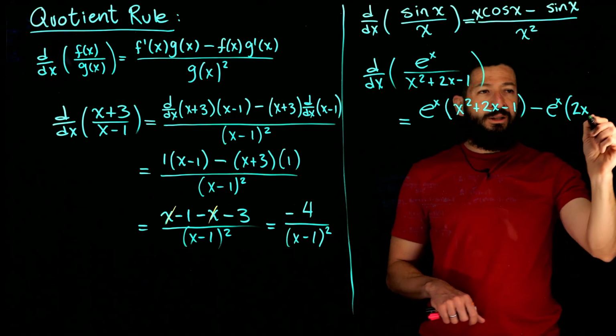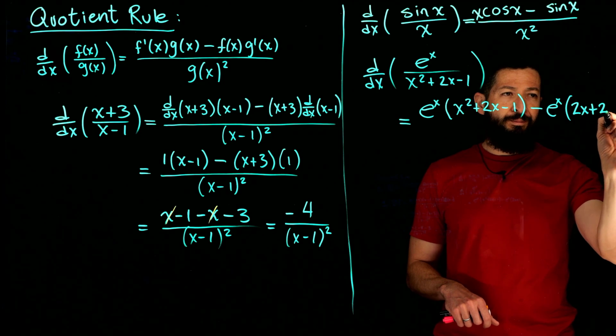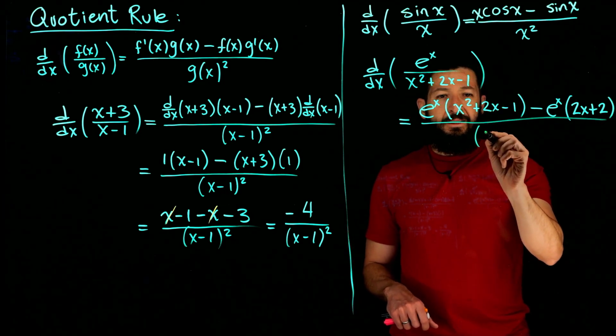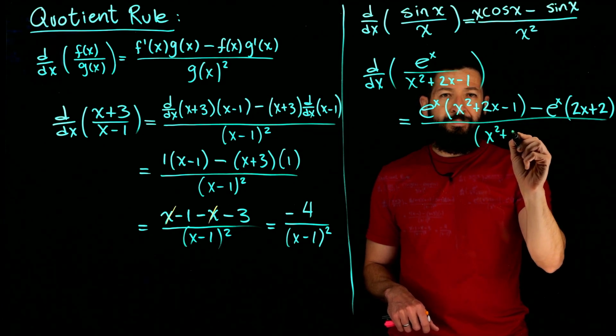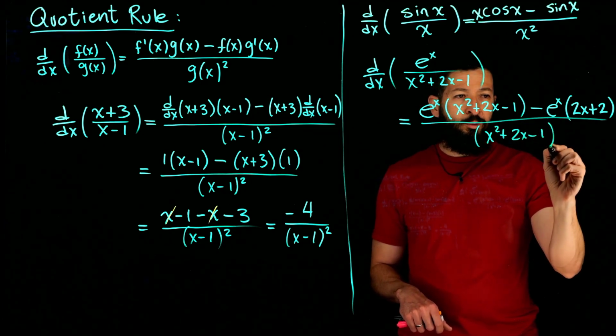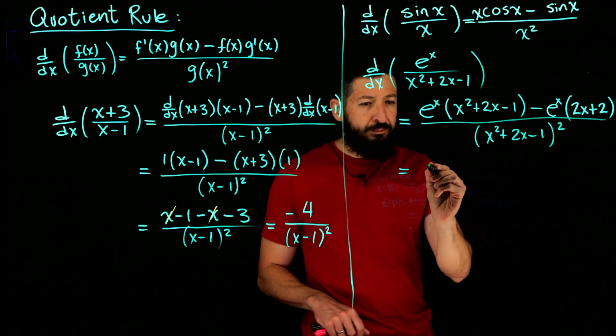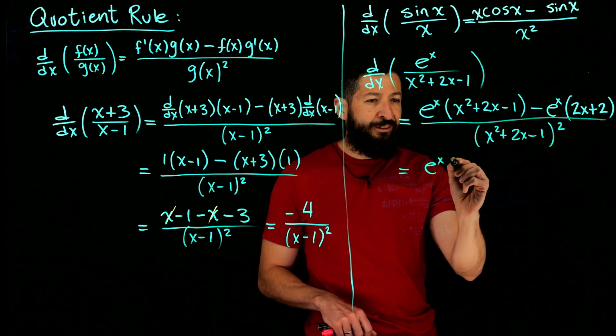Derivative of 2x is going to be 2, all over the denominator squared. And here, the only thing we need to do is factor e to the x.